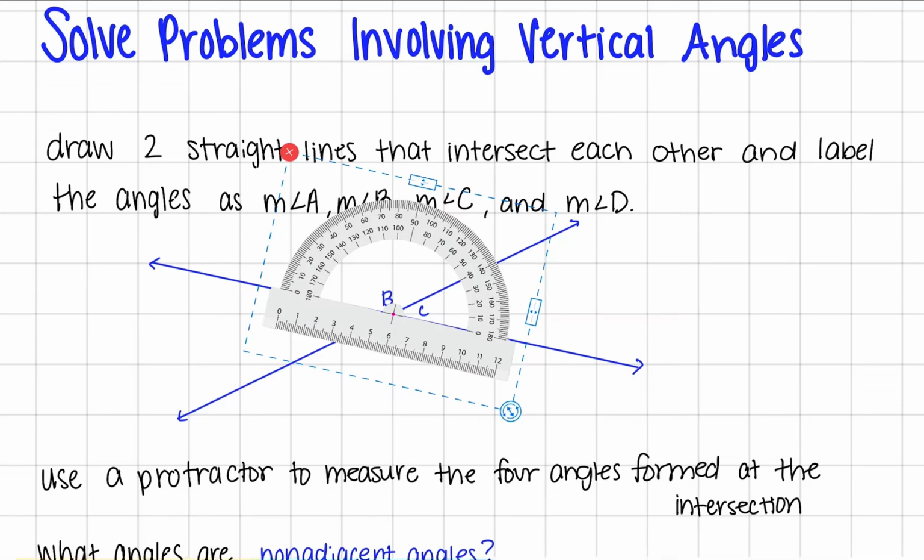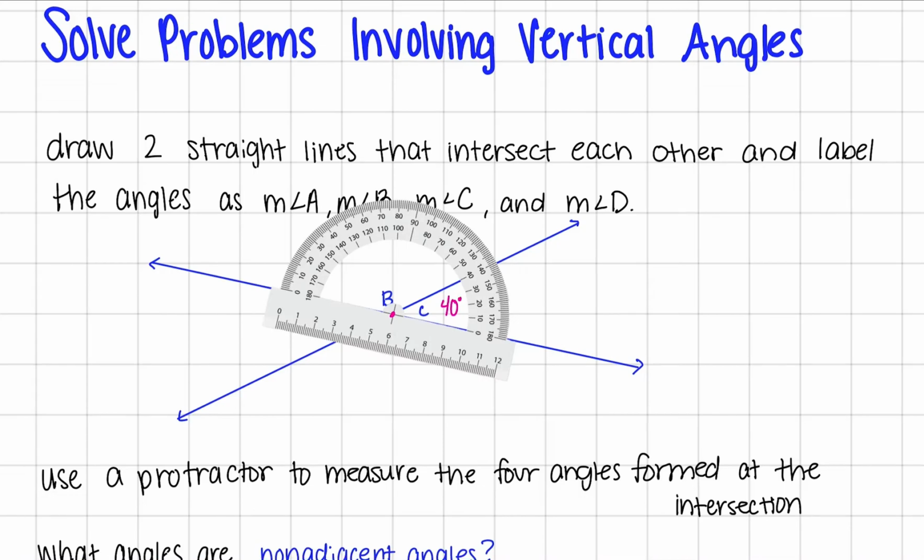Basically this is measuring angle C. The measure of angle C, we're going to use the inside scale, and measure of angle C measures 40 degrees.